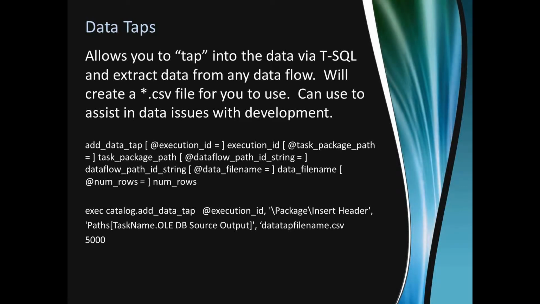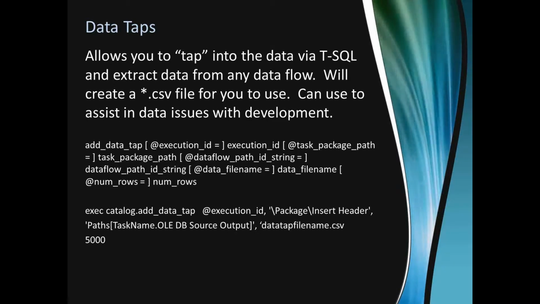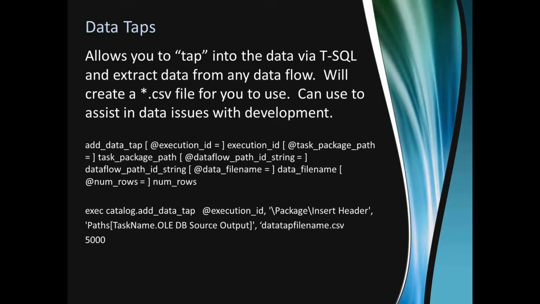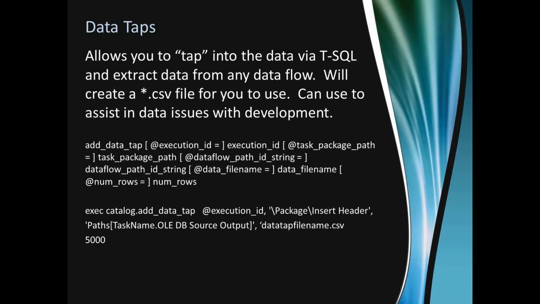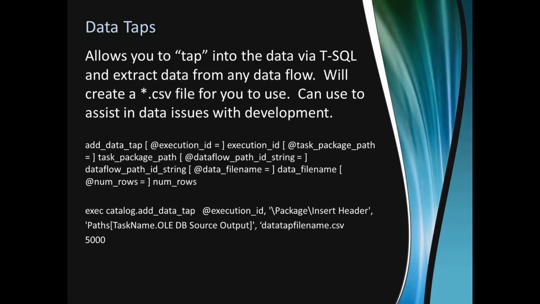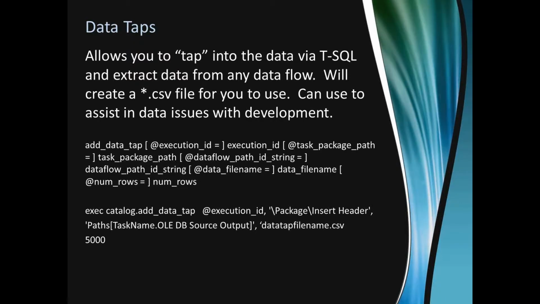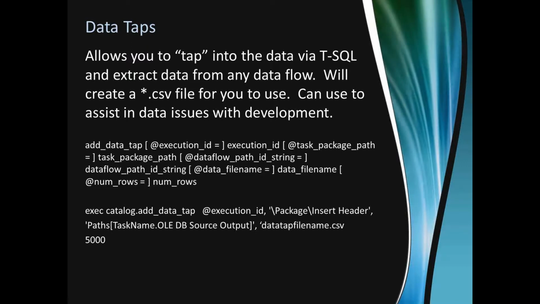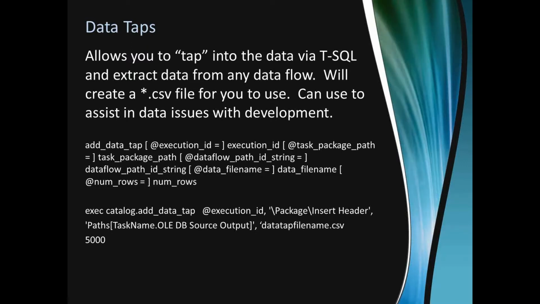It will output to a CSV file for you to use. You can peruse that, make sure it's appropriate for his eyes, or remove anything that's not appropriate, or pass it on to say, hey, can Joe in accounting see this information for his package to use, and then he can actually have the appropriate data to handle some of those data errors that you would see.